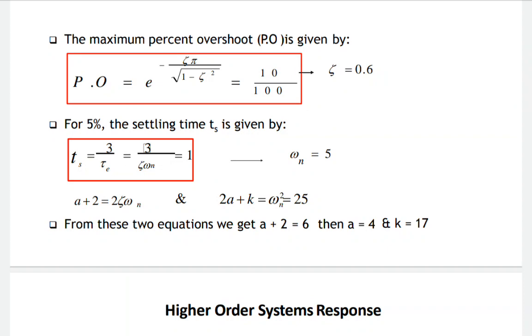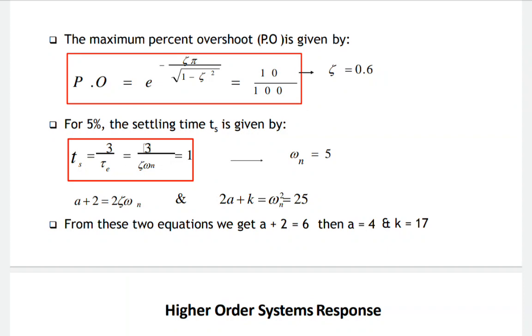When xi is equal to 1, it signifies critical damping. When xi lies between 0 and 1, it signifies under damping, and when xi is greater than 1, it is over damping. So the question is, when does peak overshoot occur? Only when the system is under damped, that means the xi value lies between 0 and 1.